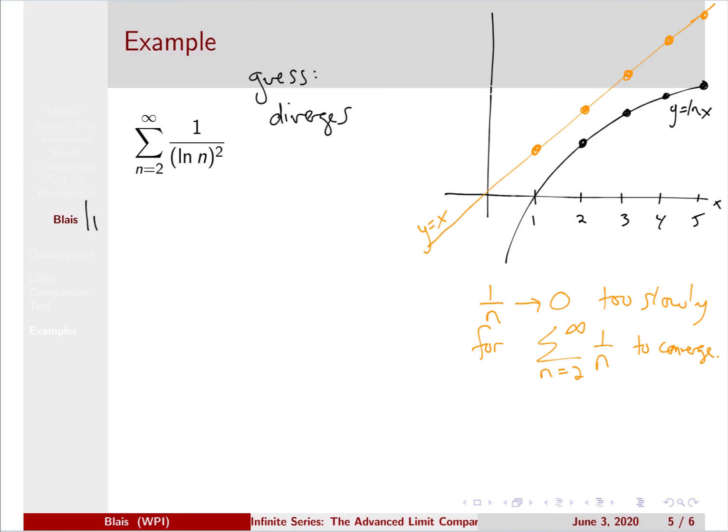Let's try the limit as n goes to infinity of a sub n over b sub n, where a sub n comes from our given series and our b sub n is 1 over n, and see what happens.